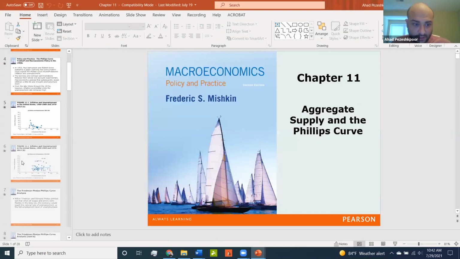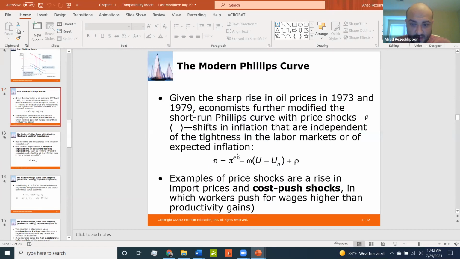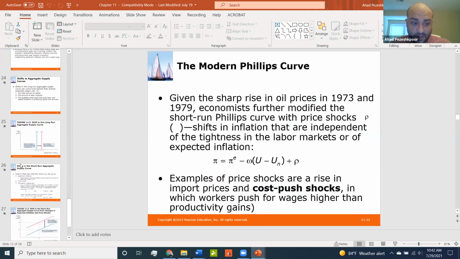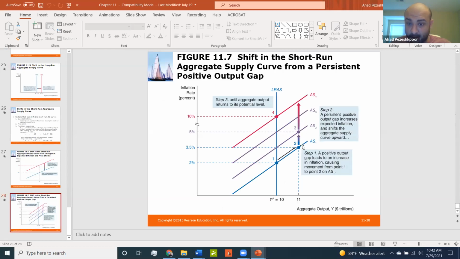Previous chapter. Remember we said expected inflation is backward looking. We analyzed the changes in aggregate supply. This is what happens. Let's look at this separately. A positive output gap, or an increase in output, would lead to an increase in inflation.